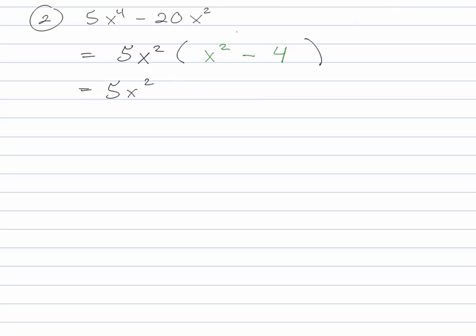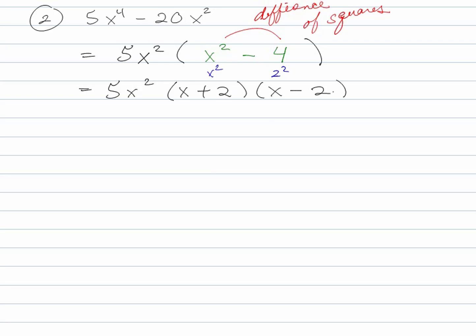You should recognize this as the difference of squares. And hopefully, recognizing that, you'd say, okay, this is x squared, and this is 2 squared. Now, I happen to remember that that means there's going to be something that looks like this, and it's going to be x plus 2 and x minus 2. Okay.